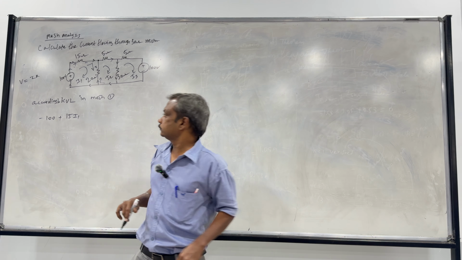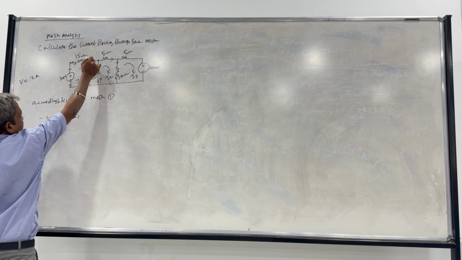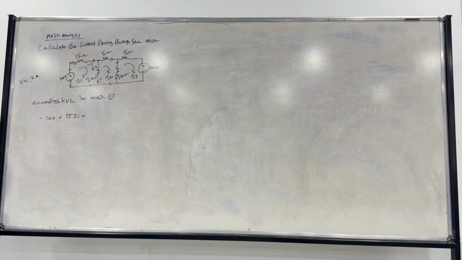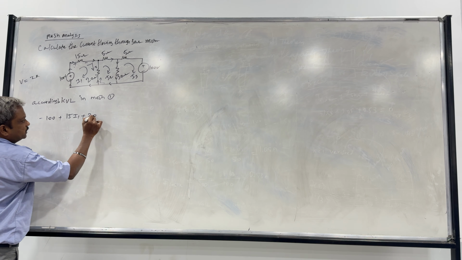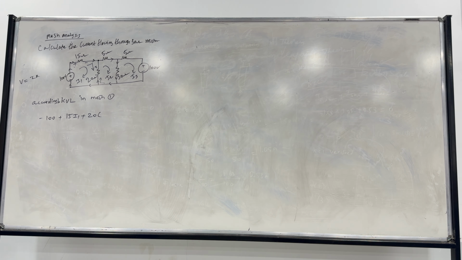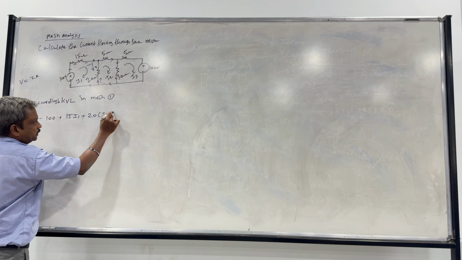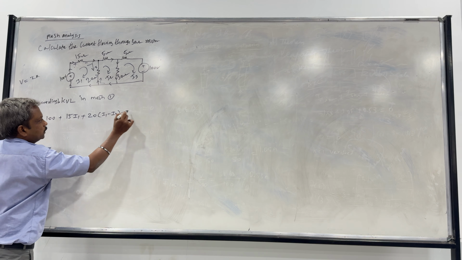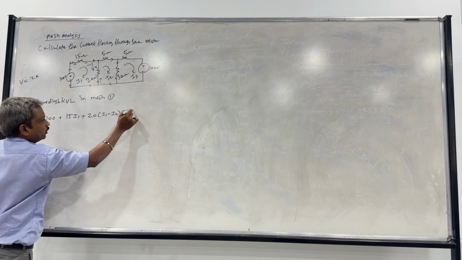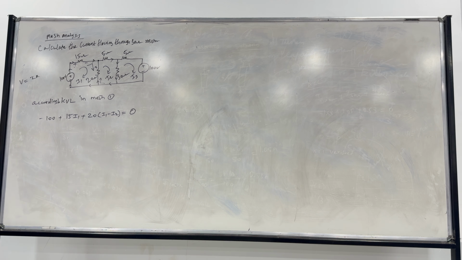Any doubt? See, you are seeing a positive sign here. 20 ohm is the resistance, 2 currents are flowing, both opposite. We are writing mesh equation 1, so I am taking I1 first and I2 second, equal to 0. Sum of potentials equals 0. Any doubt in writing this equation?